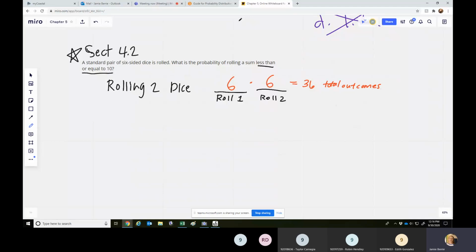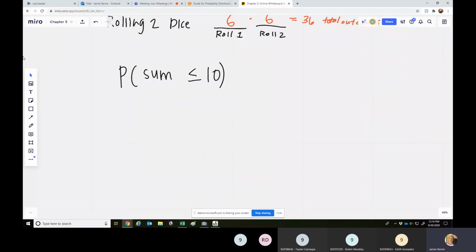Now that's going to help us because probability is always like frequency over total. So that'll help us whenever we go to find the probability. We're looking for the probability that the sum is less than or equal to 10. Let's think about all of the different options for what you could have.